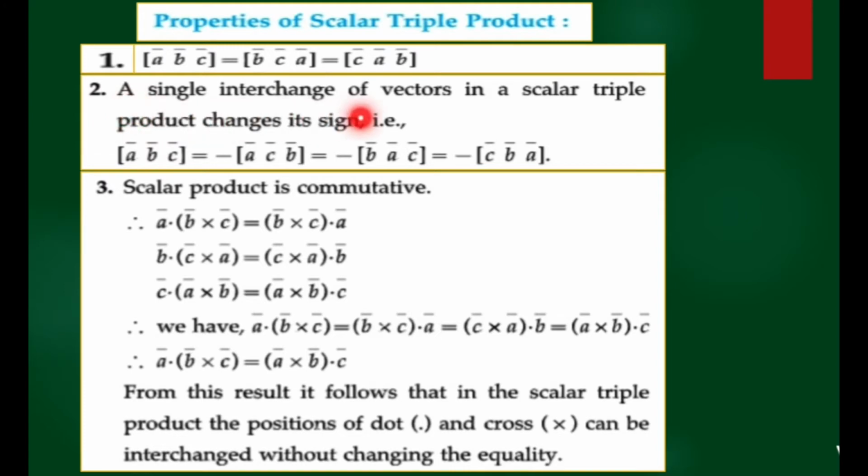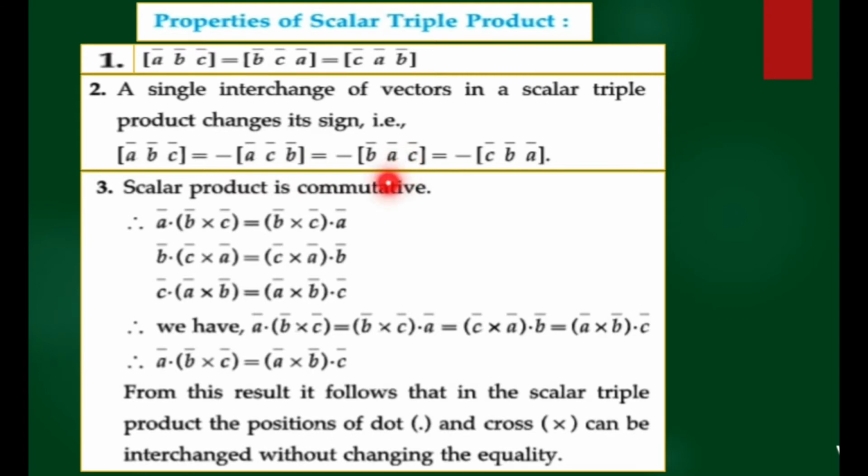Second, a single interchange of vectors in a scalar triple product changes its sign. That is, see here, given the scalar triple product of vector A, vector B, vector C, when we interchange vector B with vector C and keep vector A as it is, then the box product of vector ABC equals minus the box product of vector A, vector C, vector B. Here we interchange B with C and keep vector A as it is.